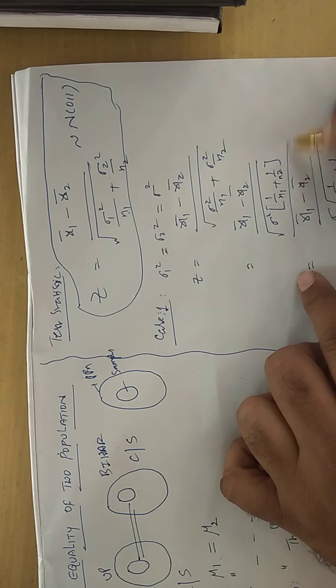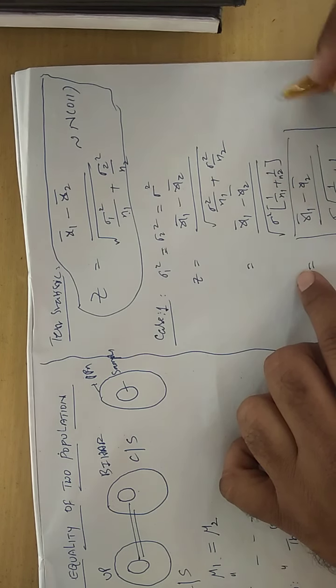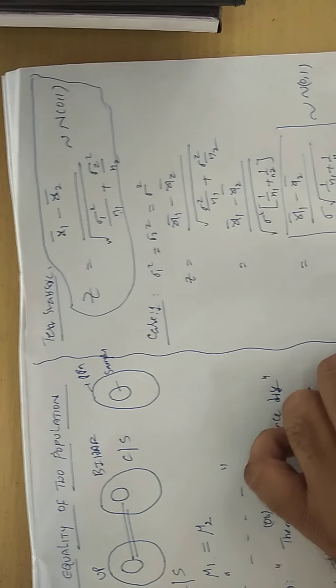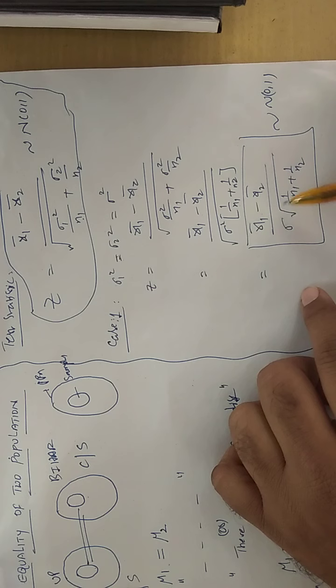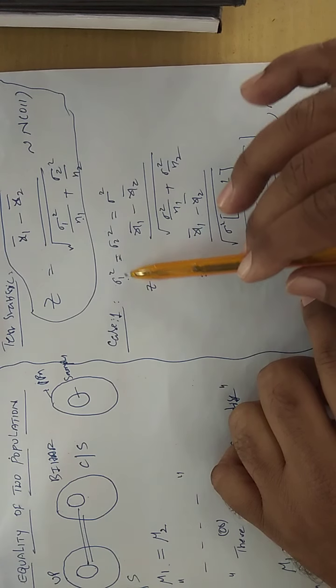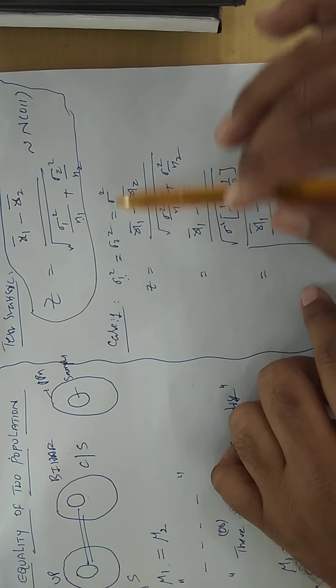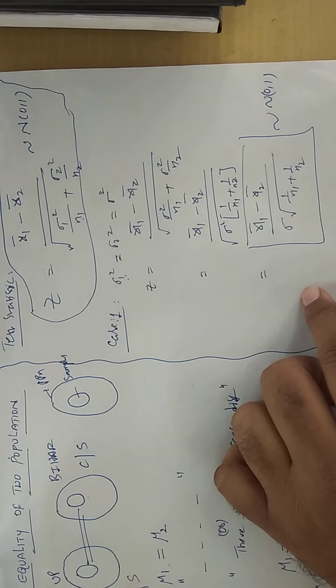So this is the final form, which follows the standard normal distribution N(0,1). So whenever sigma 1 square and sigma 2 square are equal to a sigma square, you can apply this formula.